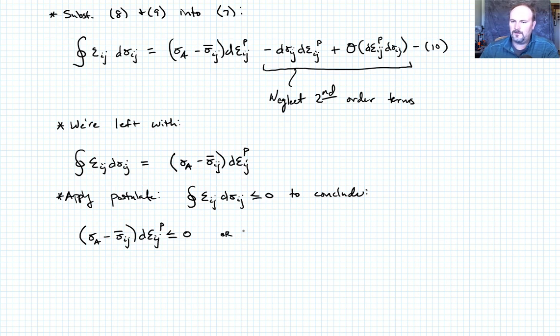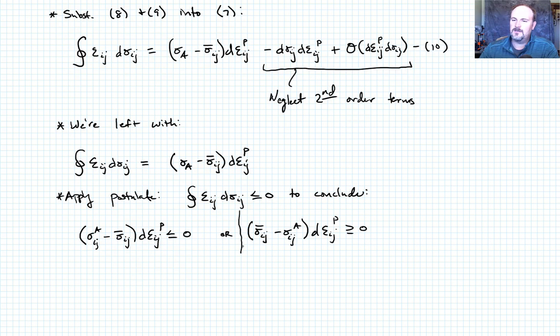Or we could write it as sigma ij bar minus sigma ij a, and I should make these similar in my notation, times d epsilon ij p, is then greater than or equal to 0.